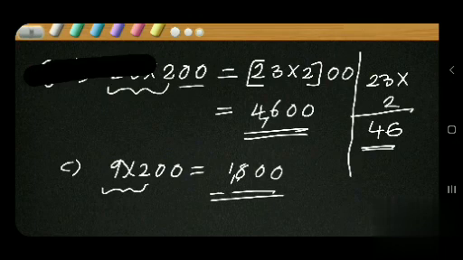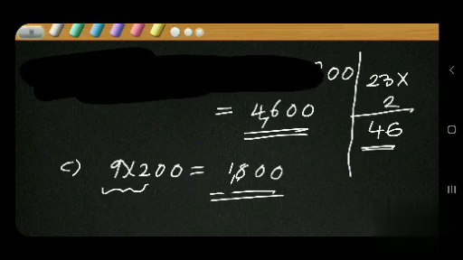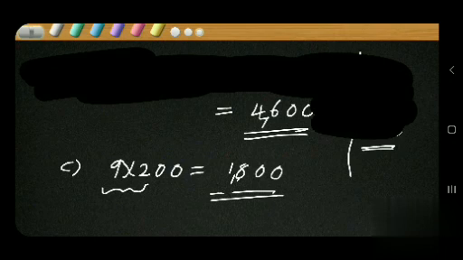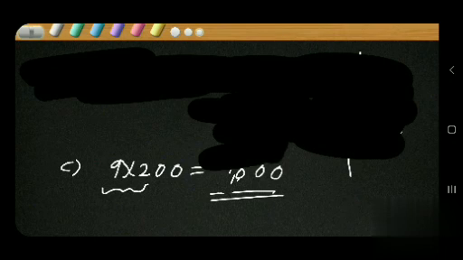Okay. Now, Roman number 3. For multiplying a given number by 2,000, what do we have to do first?